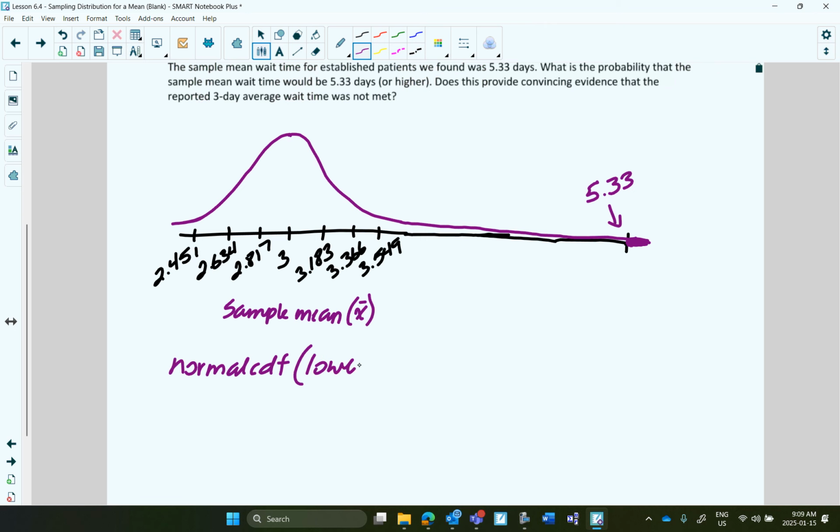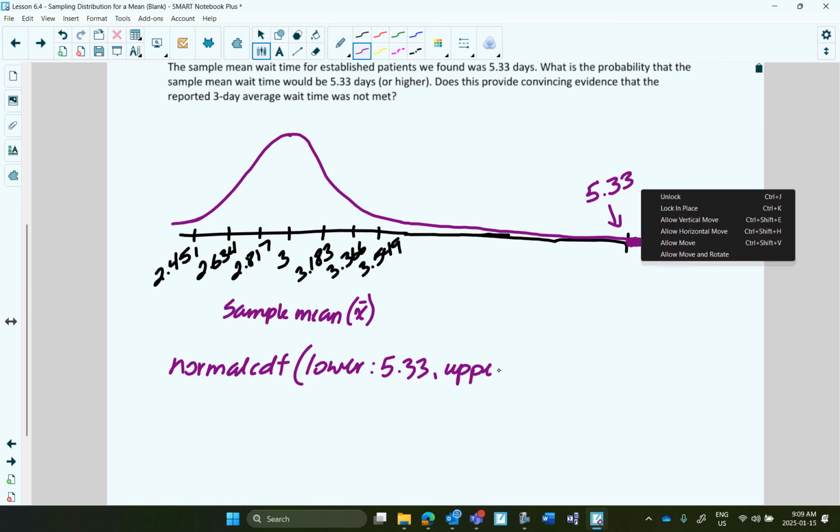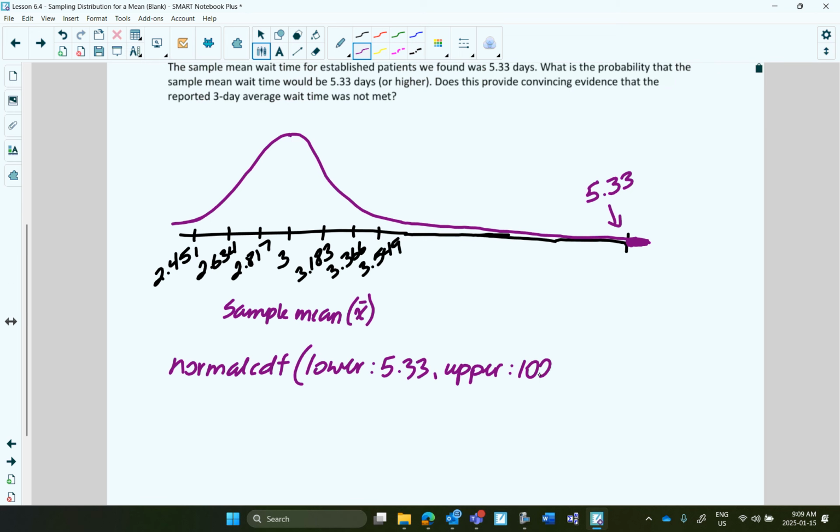So the lower boundary is going to be 5.33. The upper boundary, usually 1,002. The mean, remember, we said it was 3, and the standard deviation was 0.183.